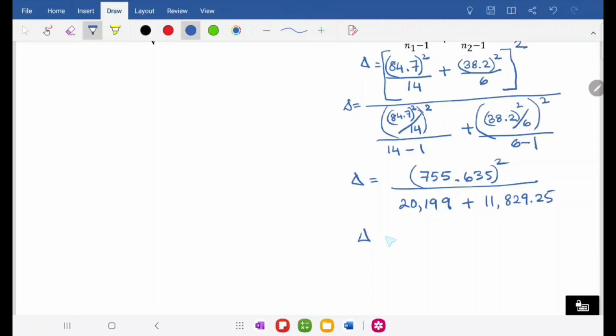So when we do the calculation further, we will end up with 570,629 over 32,028, which gives us an answer of 17.81, which we round up to 18.